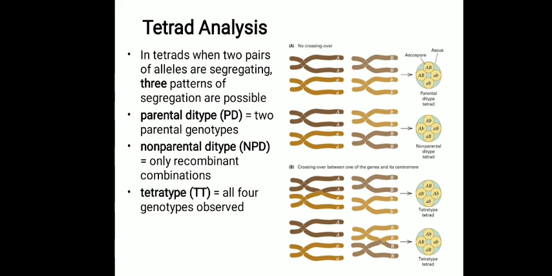The first pattern is parental type, in which the two parental genotypes segregate to form the segregating pattern of tetrads. The second type is non-parental type, also known as NPD, where recombination takes place. And the third type is tetratype, or TT, in which all four types of genotypes are observed.